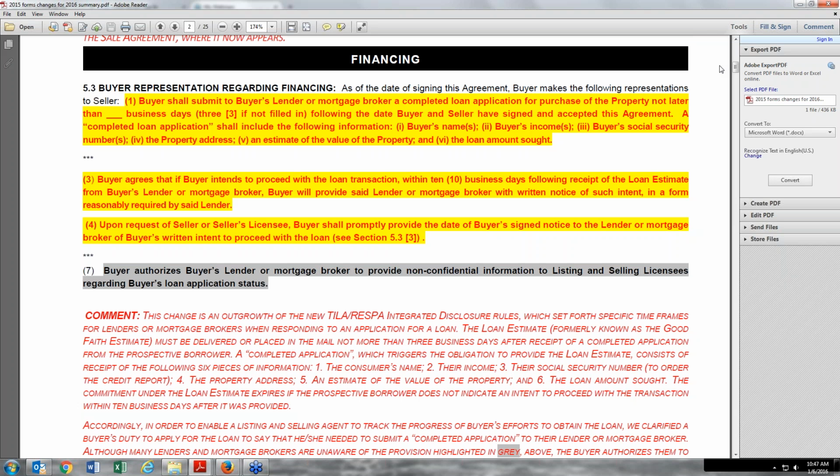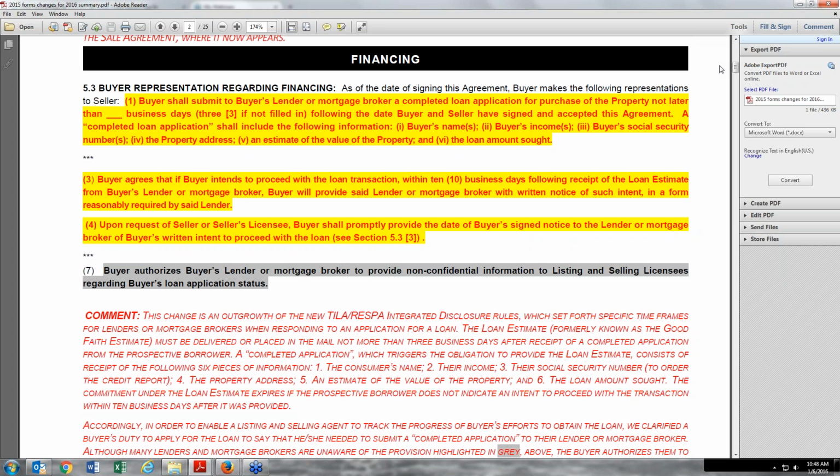Don't ask me why they took the words good faith out of it. Maybe that was, well, I won't get into the history of it because I wasn't participating in those kind of decisions, but you'll see that the loan estimate is supposed to be still in good faith. They just don't call it a good faith estimate. They call it a loan estimate. And under TRID, when a completed application is submitted, then the lender's or the mortgage broker's obligation is to submit a loan estimate within 3 business days.